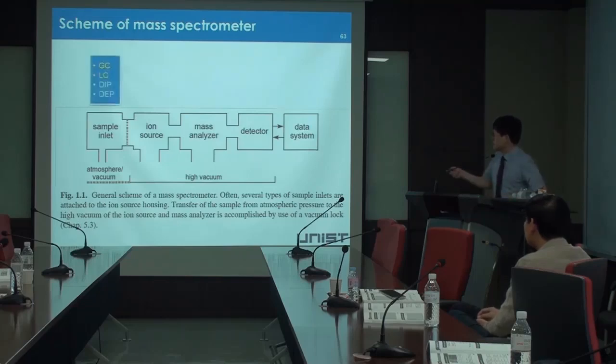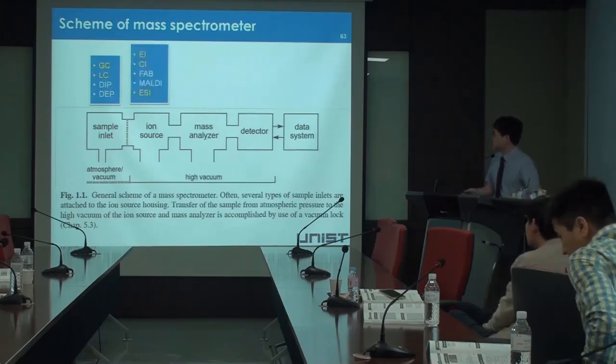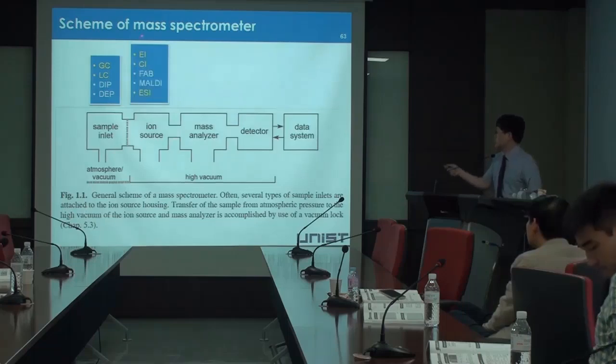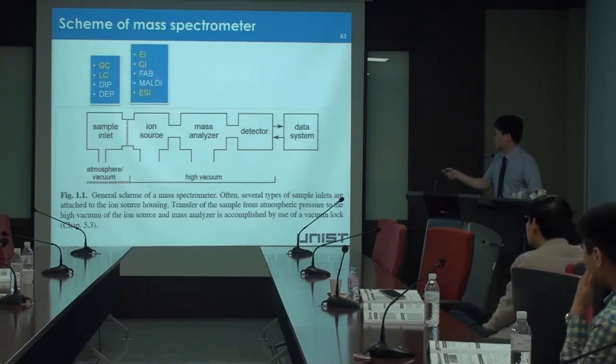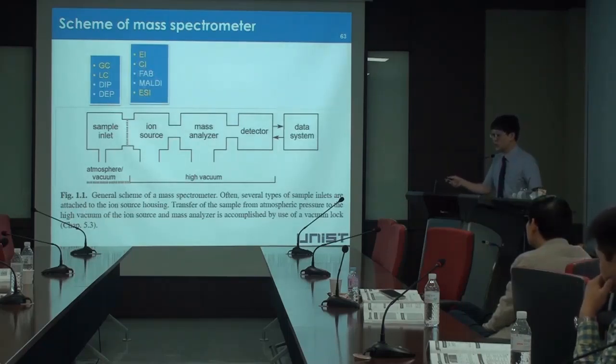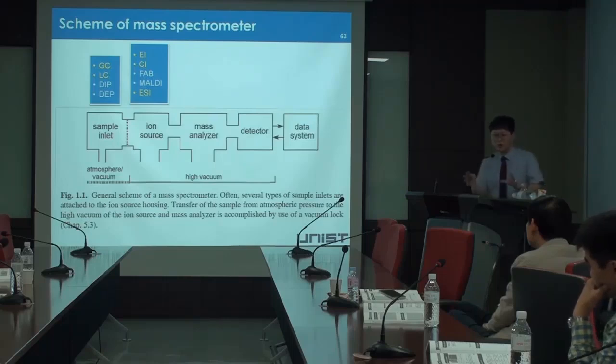For example, for the sample inlet, we have already studied GC and LC. Another option is DIP and DP. And for ion source types, EI, CI, FAB, MALDI, and ESI are used. So there are many options actually.